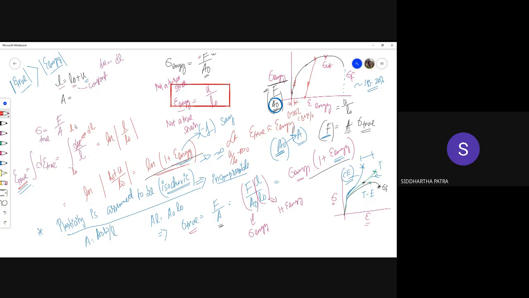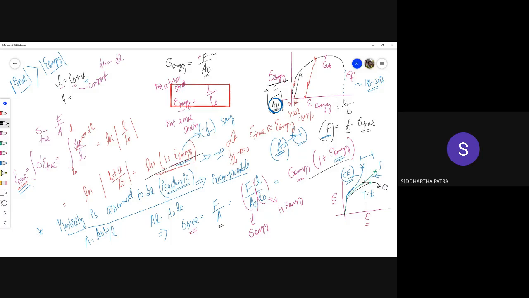I can reverse engineer that, and without having to unload, simply from the stress strain diagram, I can think of a line which is parallel to the elastic part of the curve and makes an intercept of 0.2% of strain, or 0.002 of strain, unitless of course, on the strain axis.